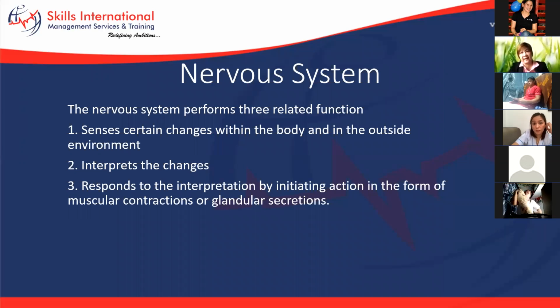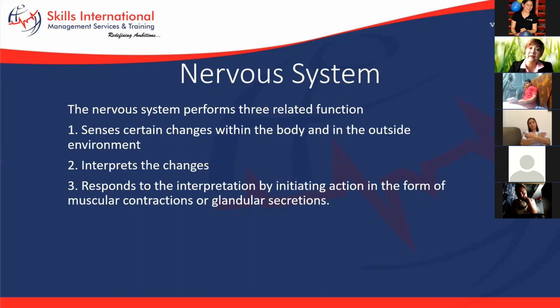Nervous system. When we talk about nervous system, it performs three related functions. Number one function niya, it senses certain changes within the body and the outside environment. Nakaka-sense siya, nafe-feel niya na may pagbabago within the body and in the outside of the environment.